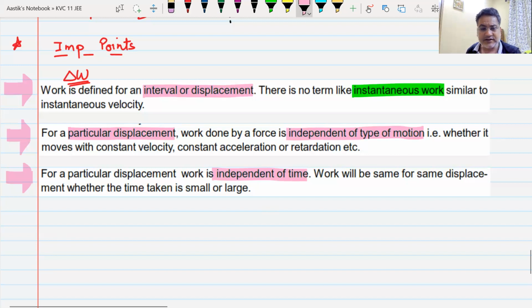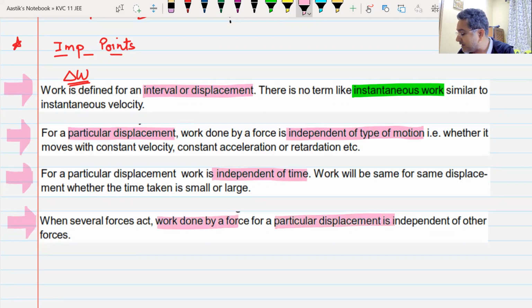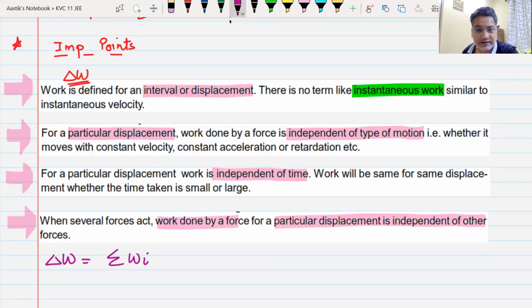Next point, we have already discussed this. If there is more than one force acting on a body, work done by a force is independent of the other forces, and therefore we can write the total work done is the summation of all the works, because work done by one force does not depend on the other force.